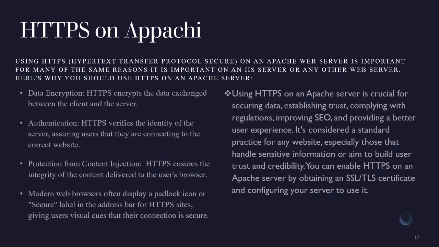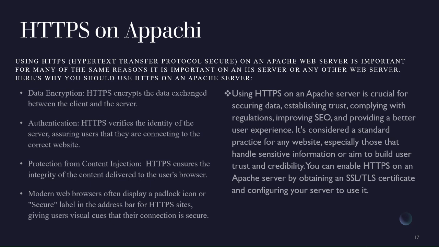HTTPS on Apache. Using HTTPS on an Apache web server is important for many of the same reasons as it is important on an IIS server or any other web server. Again, here is why you should use HTTPS on an Apache server.